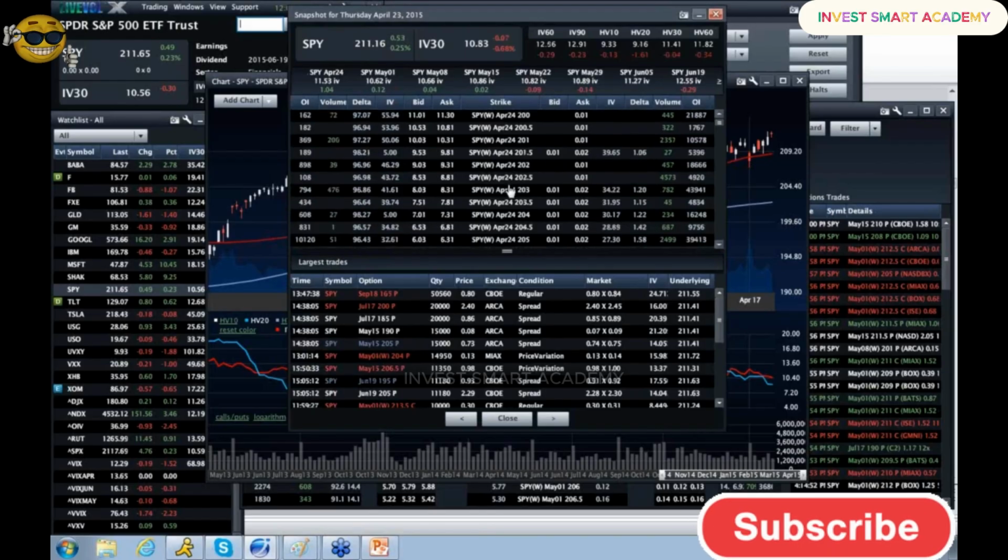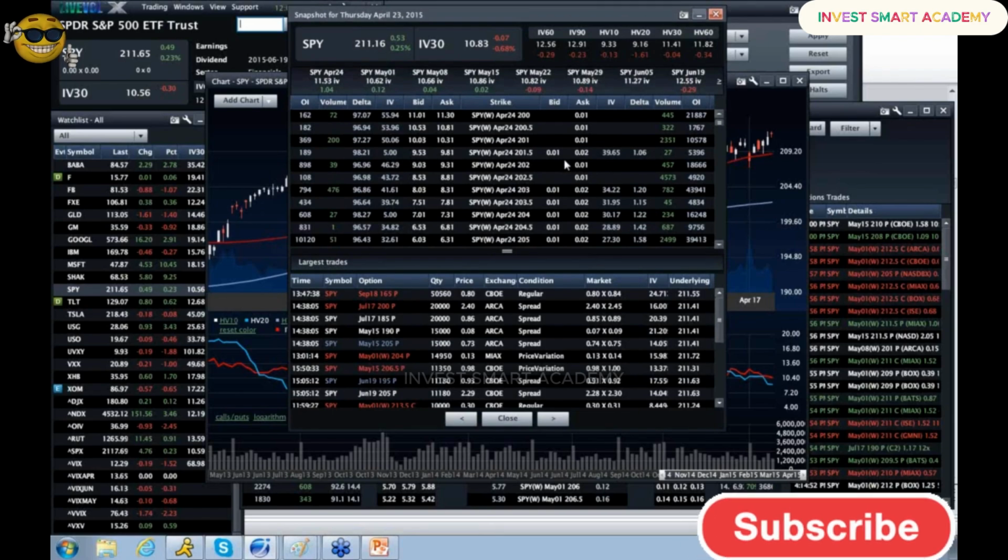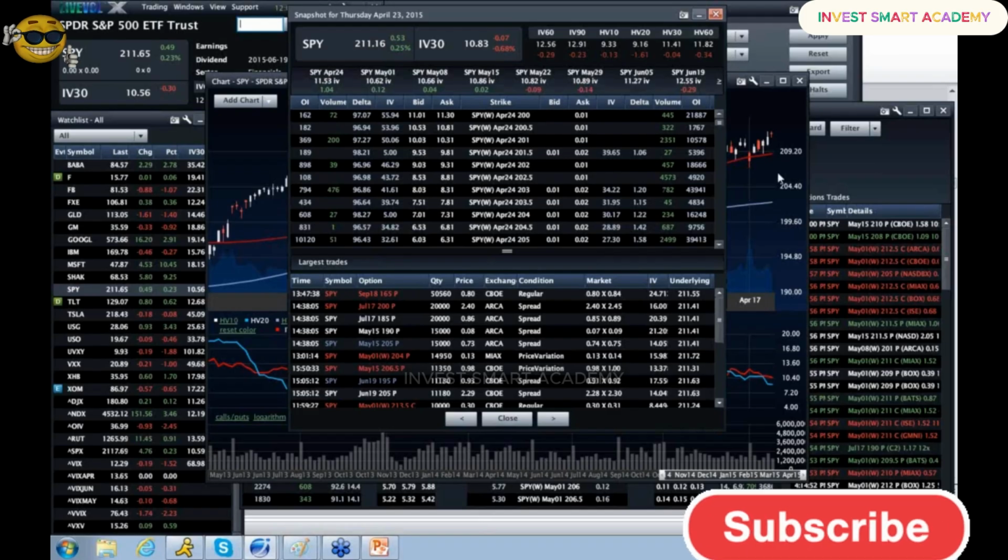So Thursday night, there's a penny bid with SPY at 211, a full 100 points out of the money. Someone's willing to pay a penny for those puts. A $10 move in SPY.